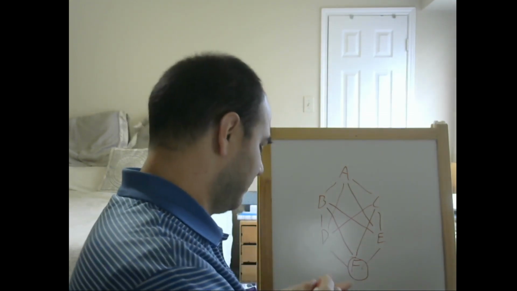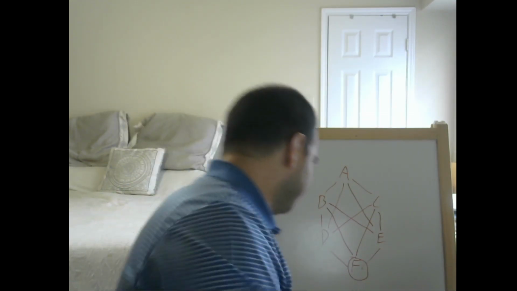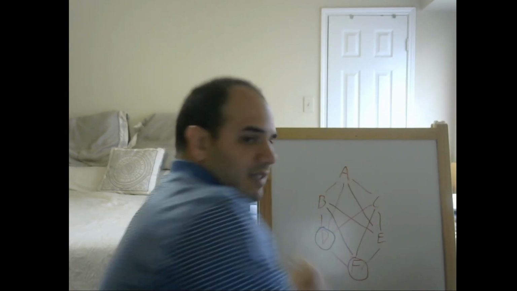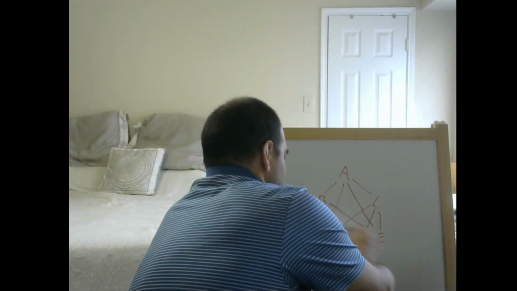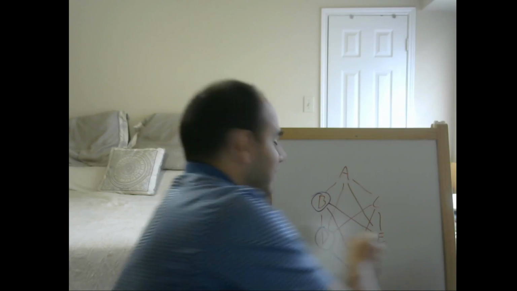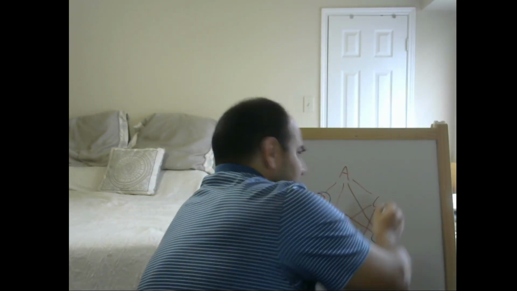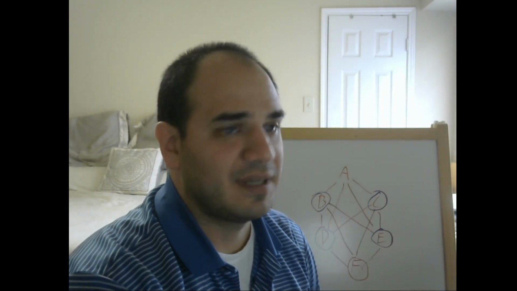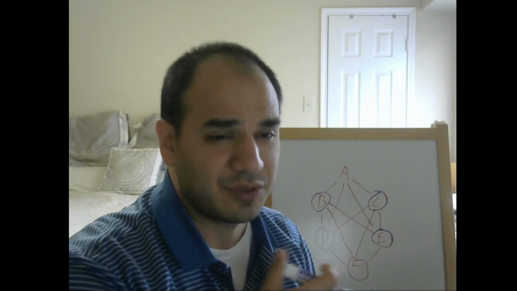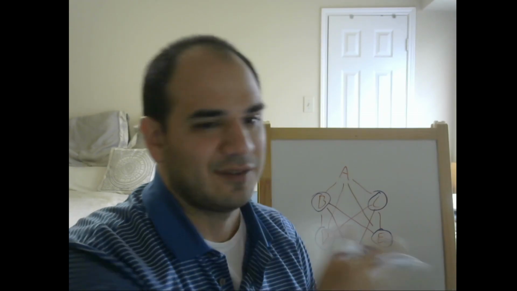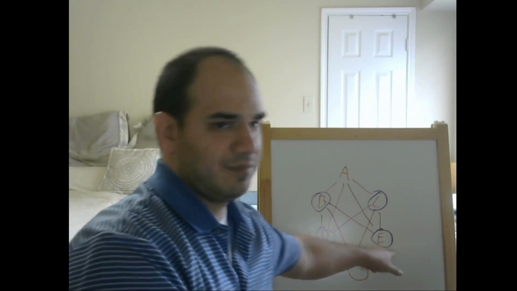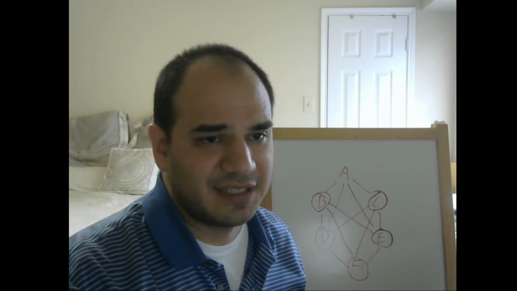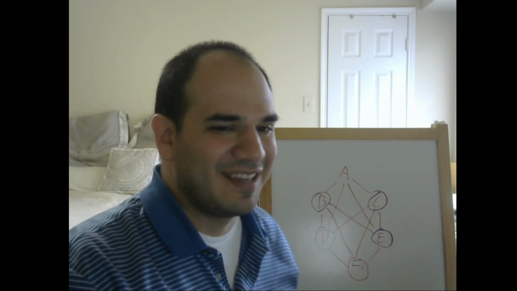F is connected to D, B, E, and C. If we sort them and go in descending order, from last to first, then we would go E, D, C, B. At this point we've already visited 5 nodes, and we know the answer.